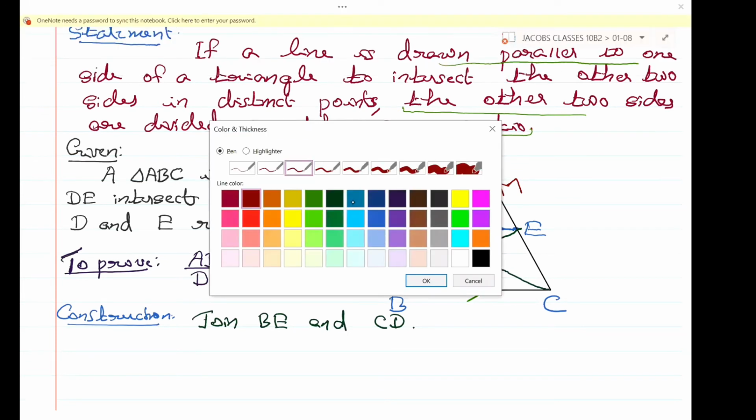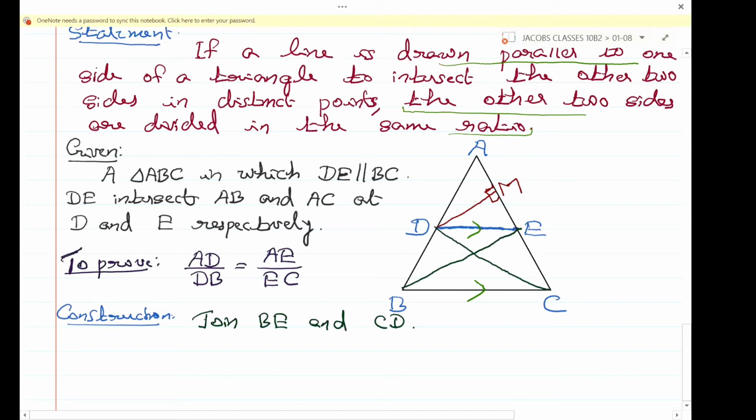So the second construction is EN, which is perpendicular to AB. So these are the two 90 degree angles. That means we are trying to draw heights to the other sides.